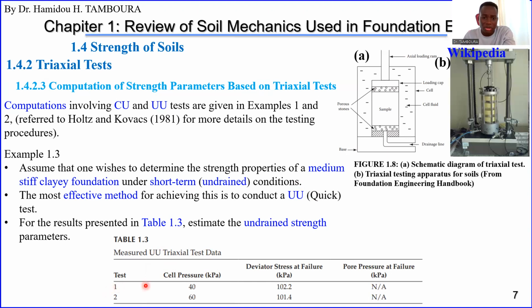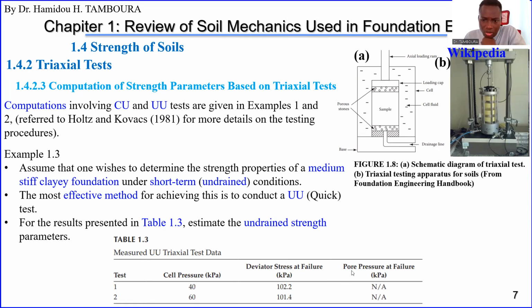In test number 1, the cell pressure, meaning the pressure from the fluid inside the cell, is 40 kPa, and the deviator stress at failure is 102.2 kPa. I hope you remember the meaning of deviator stress. It is just the difference between the major principal stress and the minor principal stress, so sigma 1 minus sigma 3.